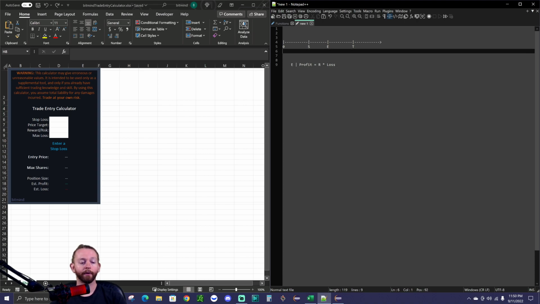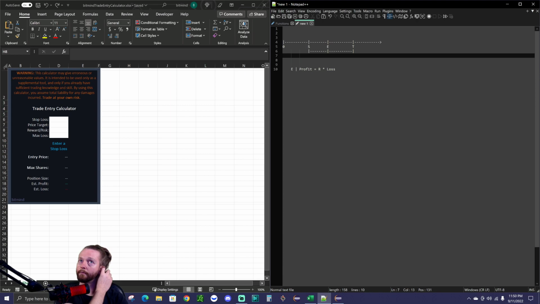How do we find profit and loss? Well, we can also infer these other variables here. Just give me a second. Bear with me here. All right, we have these spaces, these variables that we can infer. This right here, the difference between entry price and stop price, that would be our potential loss.